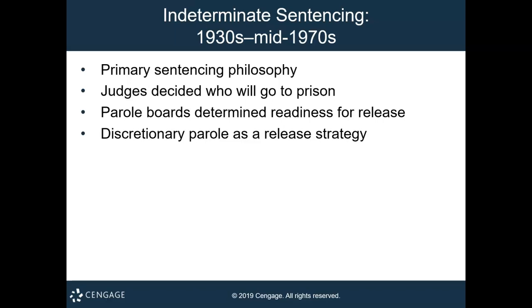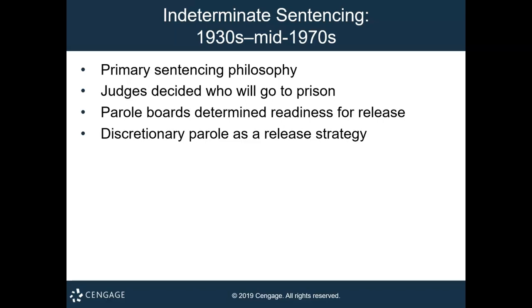A good example that I always use, it's really easy to understand, is a murder sentence. If you were convicted of first-degree murder, your sentence would be 25 years to life. So we know that the minimum amount of time you're going to be in custody is 25 years, but the maximum could be up to life.